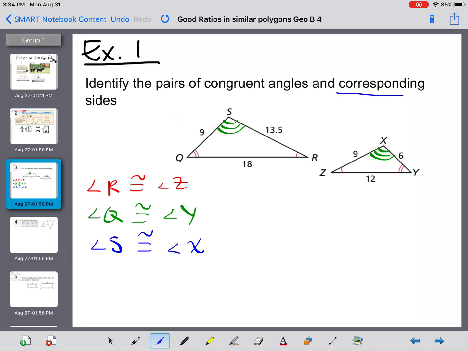Now we need to check to see if the corresponding sides are proportional. I'm going to check this side. XY corresponds with SQ. We have 6 over 9, which would reduce to 2 over 3.